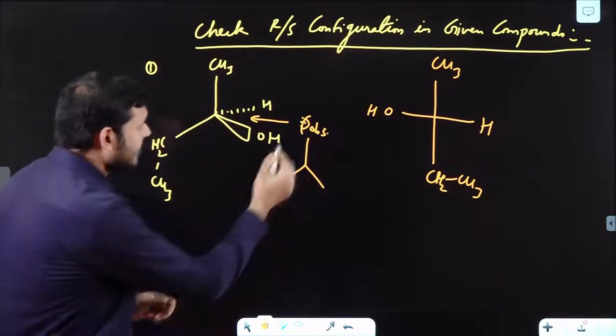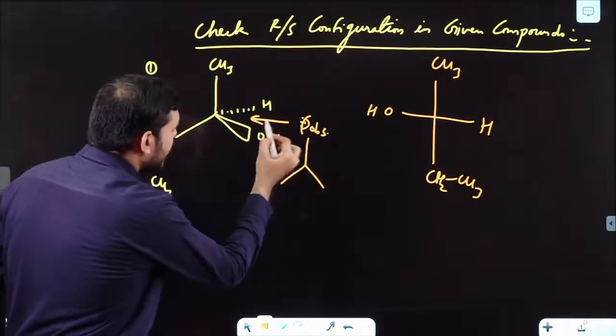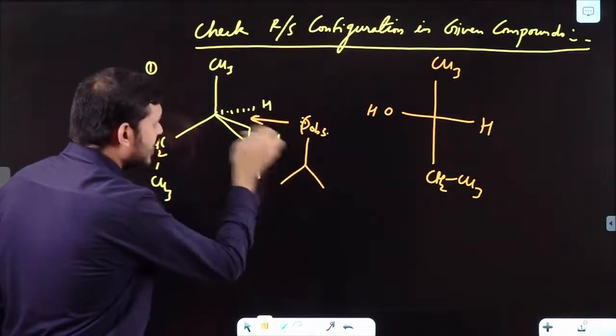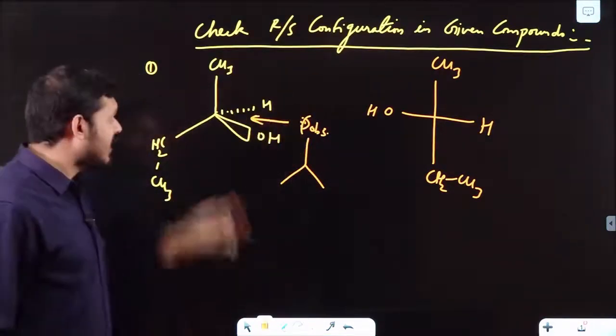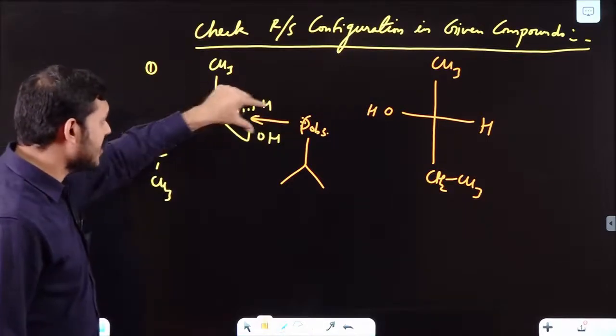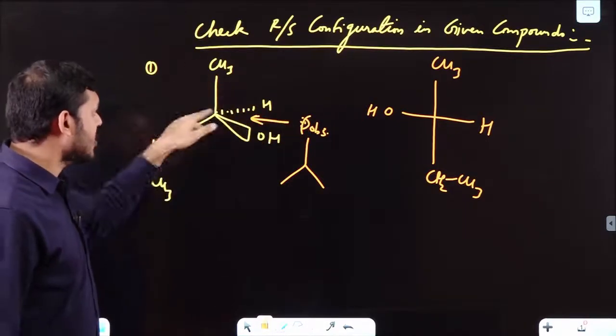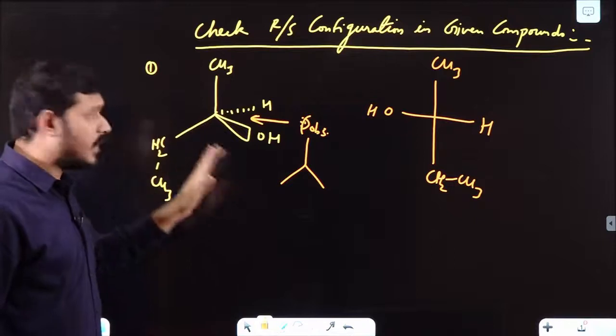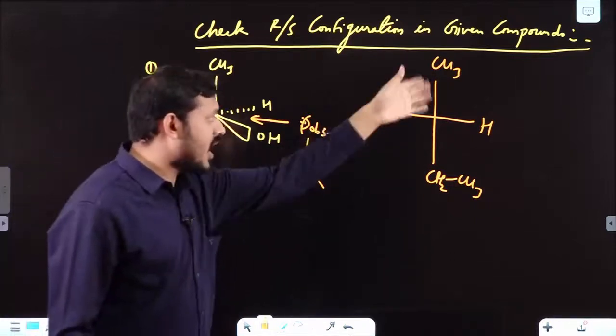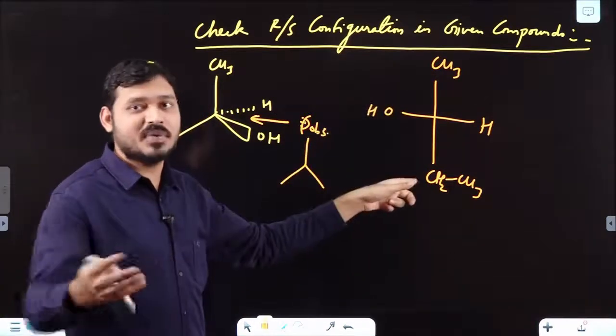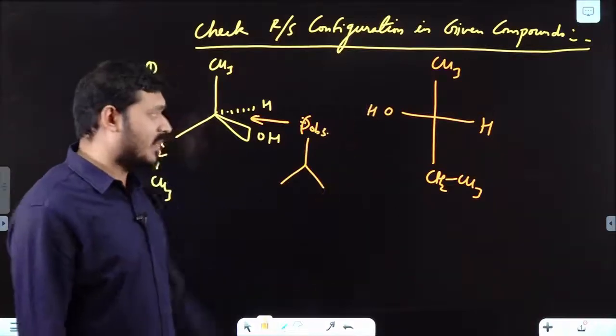When you observe from this point, you will see both this hydrogen and OH towards the observer only, and these two V-shaped towards you and these two V-shaped away from you. So these two are away from you, these two are on dash form. Clear? So this is perfect.